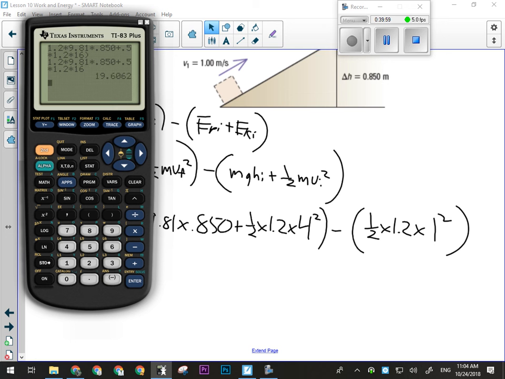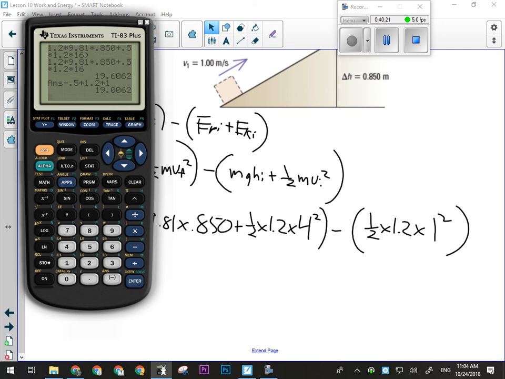Then I'm going to subtract from that my initial energy, so 0.5 times 1.2 times 1. I don't need to bother making it squared because 1 squared is 1. So I have 19, I'm going to do 19 joules worth of work.